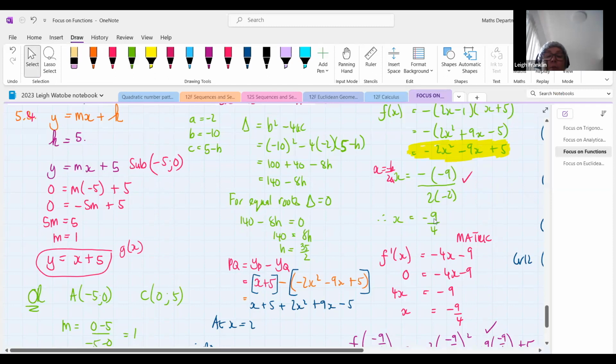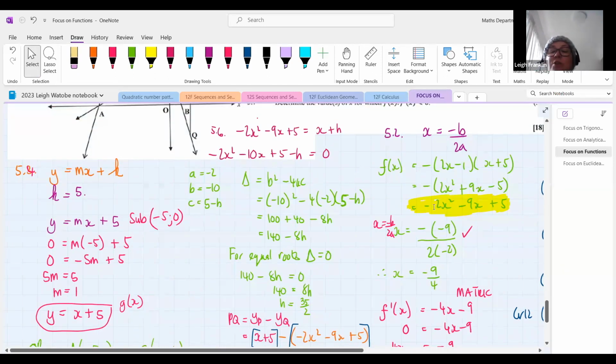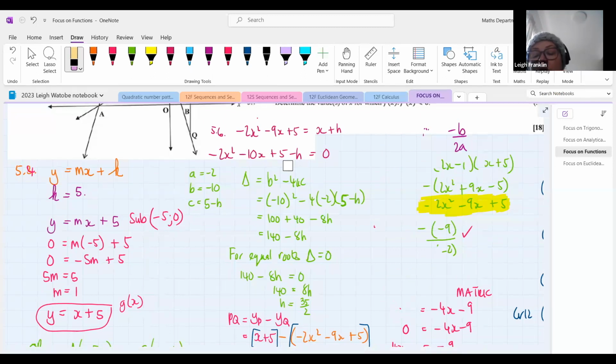Okay. All right. So Lebogang, let me just explain that to you again. I know it's probably a little bit difficult to see with everything that's going on in the screen right now. Tell you what, let's rub this off as well, just to give us a bit more space here.